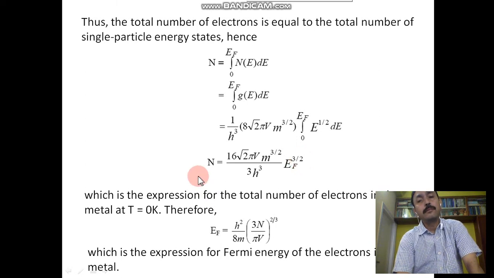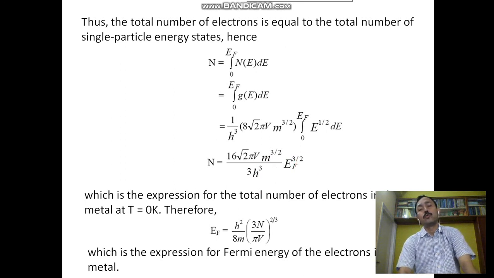So N becomes 16 root 2 pi V by 3 h cube m to the power 3 by 2 EF to the power 3 by 2. This is the expression for the total number of electrons in the metal at T equal to 0 K.